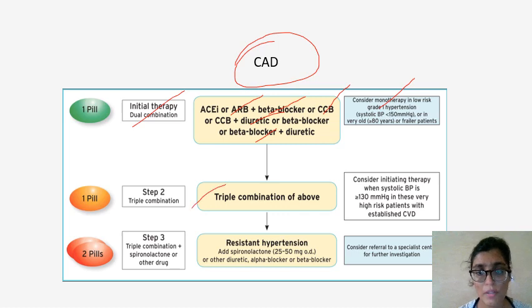Step 2 is triple combination of the above. Consider initiating therapy when systolic BP is more than 130 mmHg in these very high risk patients with established coronary vascular disease. Step 3 is add spironolactone 25 to 50 mg OD or other diuretic, alpha blocker or beta blocker. Consider referring to a specialist center for further evaluation.